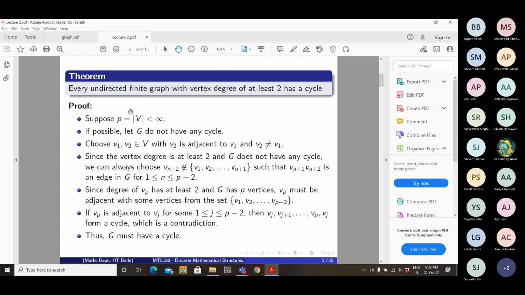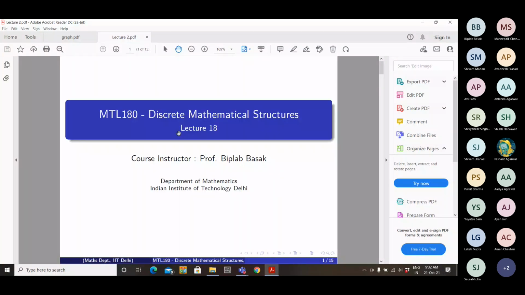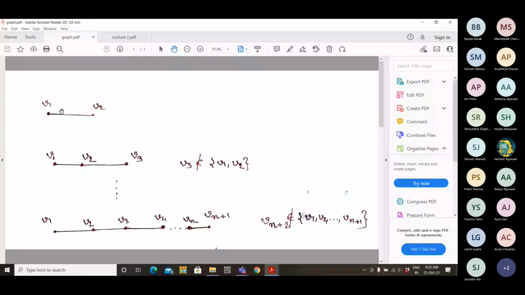Since the degree of V2 is at least 2, there will be some other vertex, say V3, which is neither V1 nor V2, but V2 is adjacent to V3. Means we have this path V1, V2 and V3.